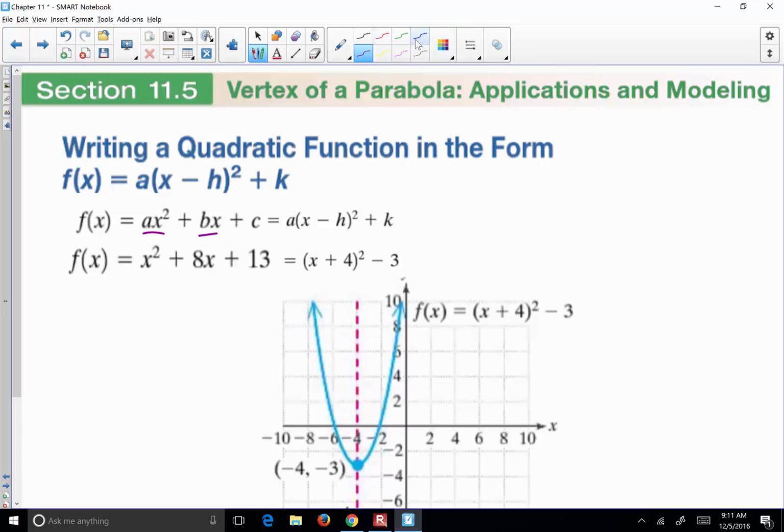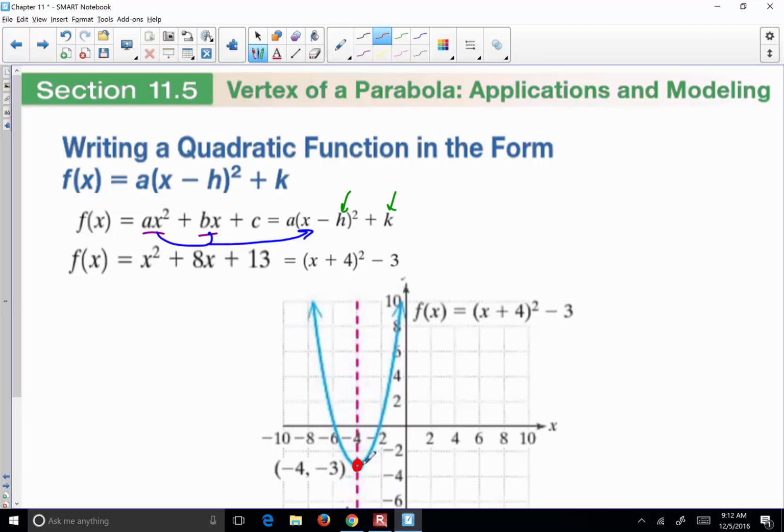So what we do is we bring these two under the square with some trick. You take this number a out, and you turn this equation into x together with a brand new number and another number. And when you get these two numbers, they happen to be the location of the vertex.